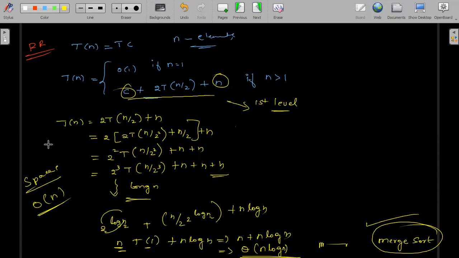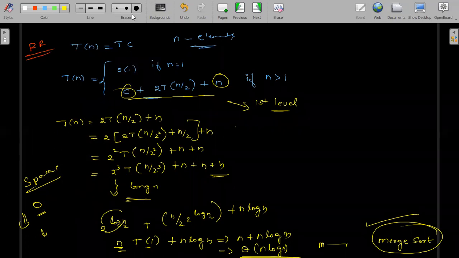And when it comes to total space, the final space is n, but it will occupy less than n. That is the reason why I would say big O of log n here. It takes less than n, not n.